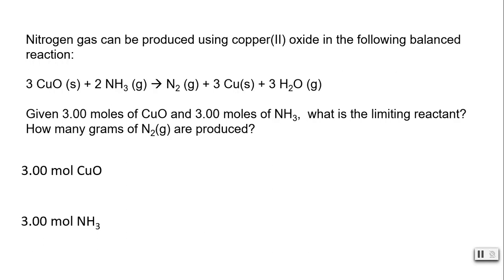So with limiting reactant problems, we need to do 2 separate calculations. We need to take both reactants and calculate how much product is produced from those reactants. So for the first calculation, we're going to start with 3 moles of copper 2 oxide.